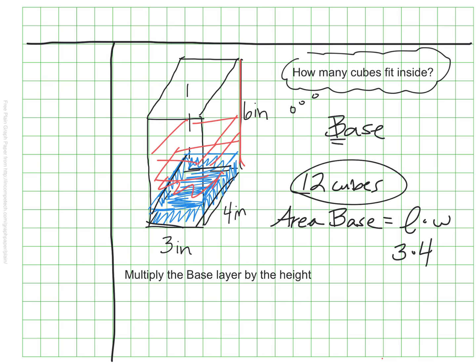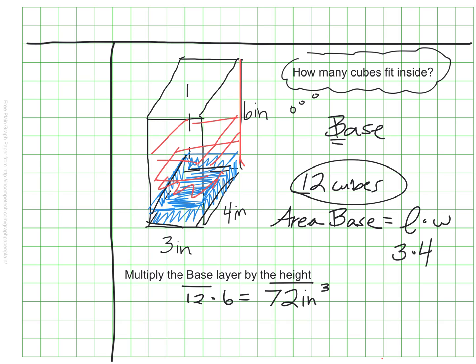So what I'm doing there is taking my base layer of 12 and multiplying it by the height of 6 to see that my volume is 72 inches cubed. I could fit 72 cubes that are each an inch by inch in my entire shape.